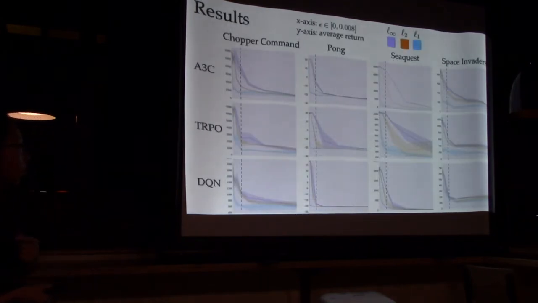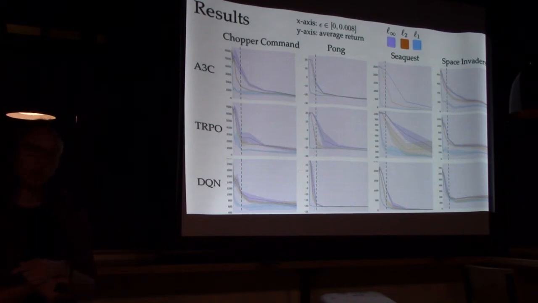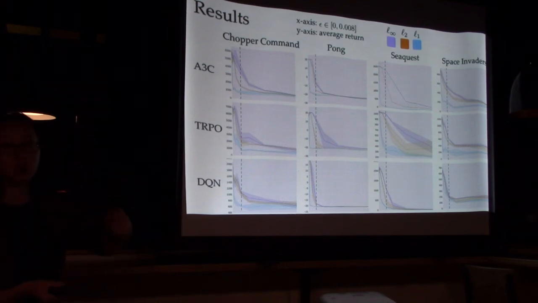And so we looked at how adversarial examples affect agents that we train with reinforcement learning using a few different algorithms. These are the state-of-the-art A3C, TRPO, DQN, and on 4 different Atari games.